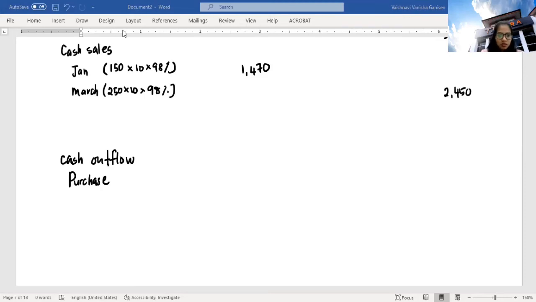So here, January, February, March. So it will be 3,000 units multiplied by 4.